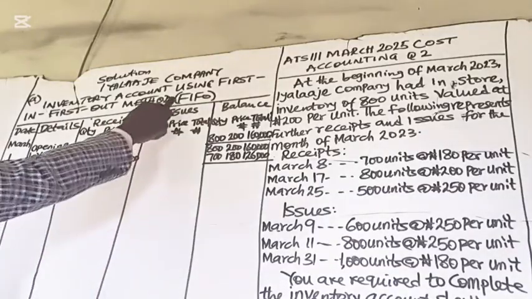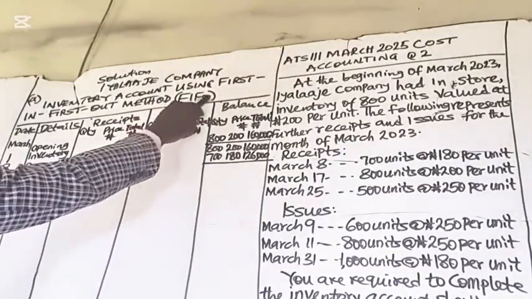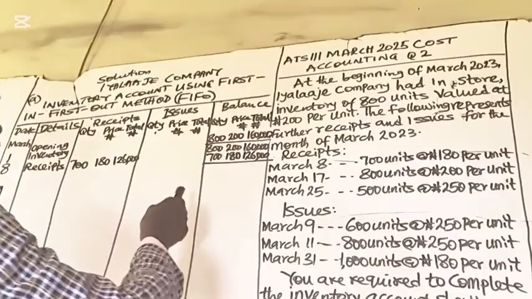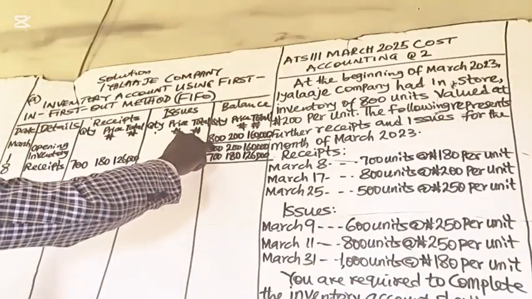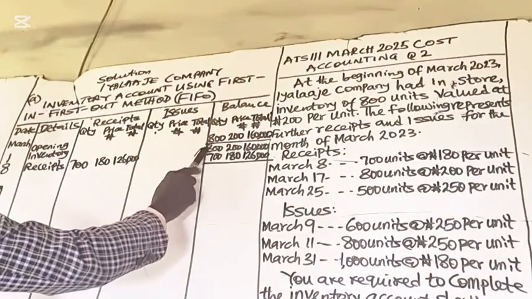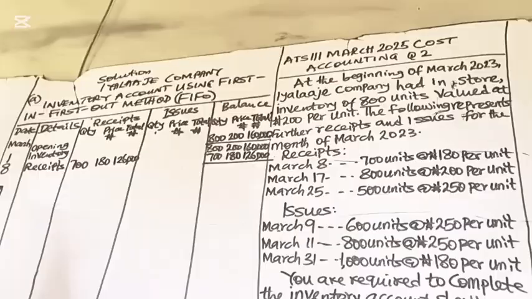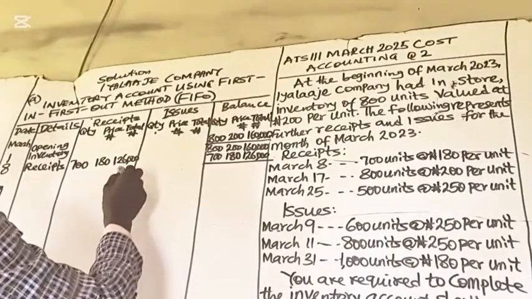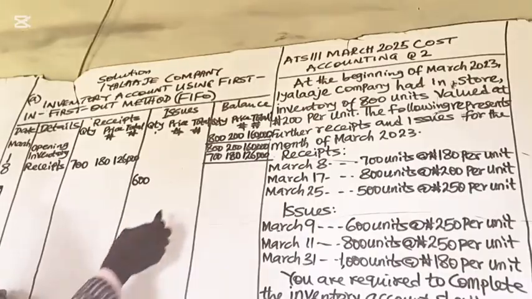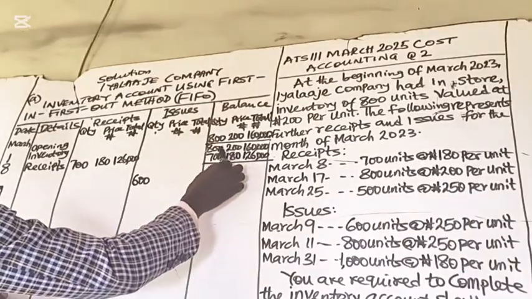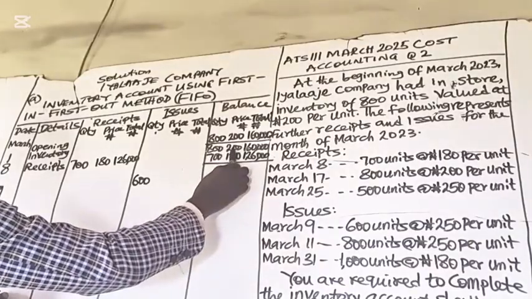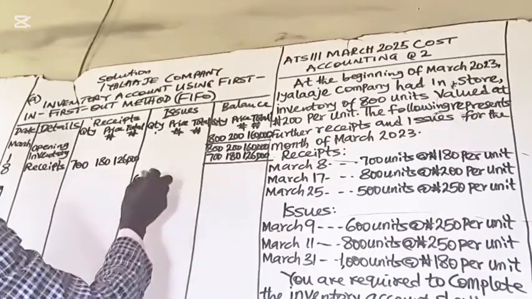Remember, you are using FIFO method, first in, first out. So the oldest one in the batch is 800 units. That means the 600 units will be issued from these 800 units. So you have issuing of 600 at the oldest, we are making the issue from the oldest batch, and the price of that oldest batch is 200.